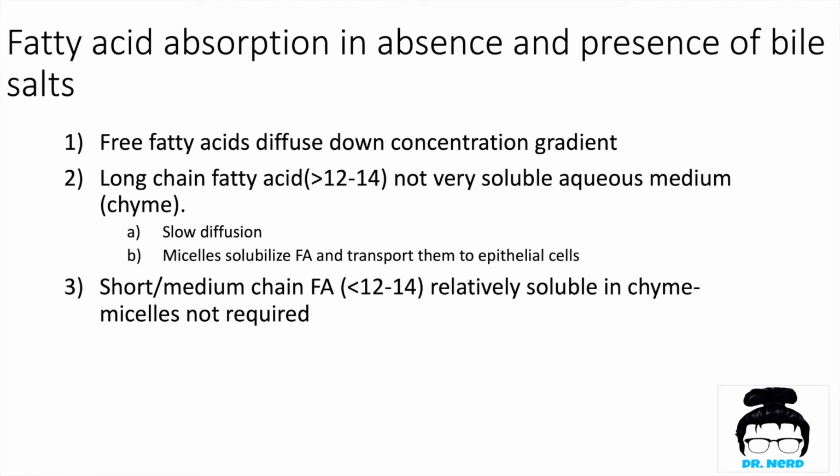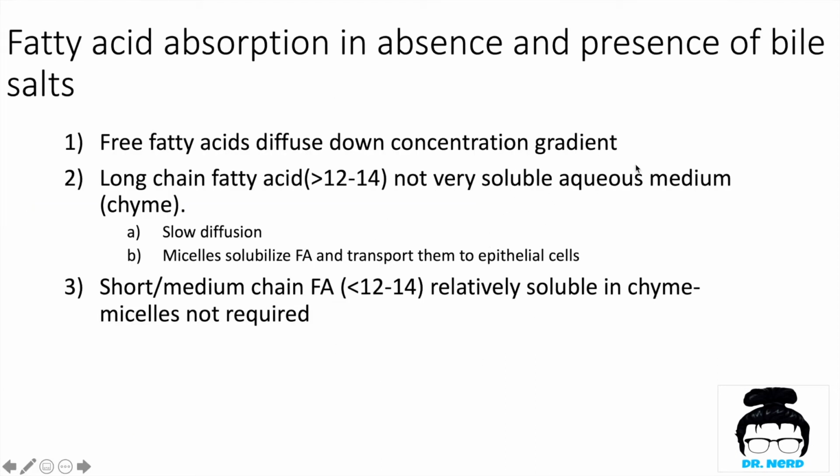This is very slow diffusion. And then you have the shorter ones, the short and medium chain fatty acids, which are less than 12 to 14 carbons in size. They are relatively soluble and they don't need a chyme micelle to be transported. So the only one that needs bile salts is the long chain fatty acid.